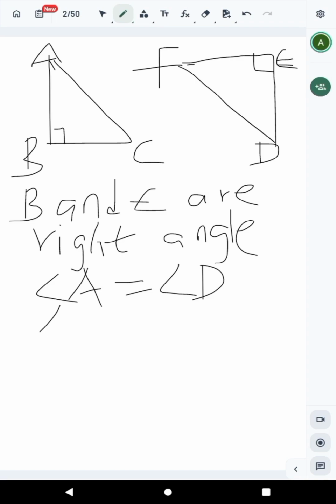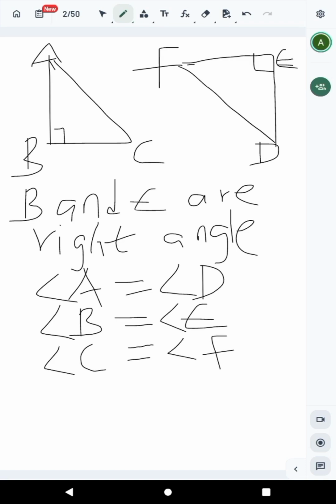And we also have angle C, which is equal to angle F here. So we are given triangle ABC, whereby this place is the right angle, which is 90 degrees here.